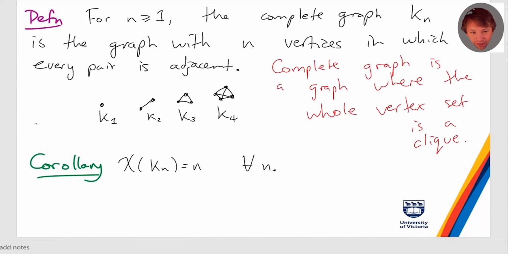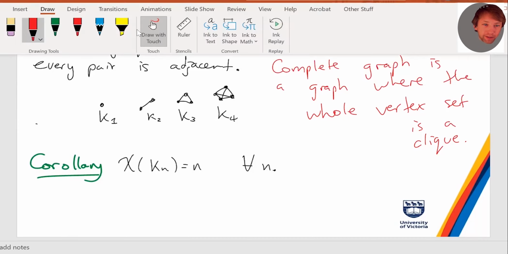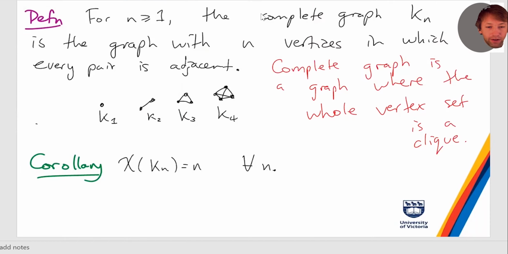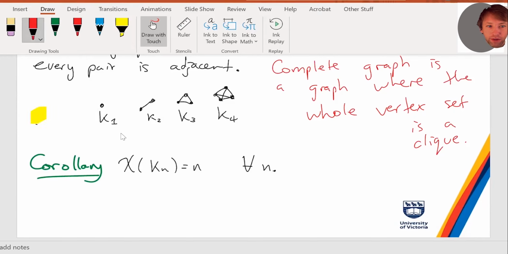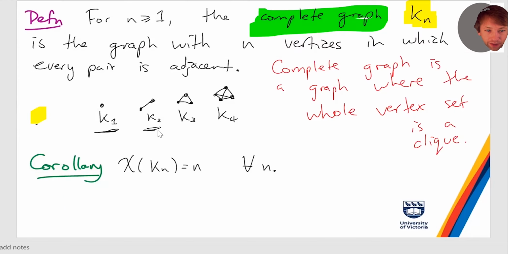So I call the clique with n vertices Kn. K1 is just a single vertex, K2 is a single edge, K3 is a triangle, K4 looks like that, K5 looks like this, and so on.